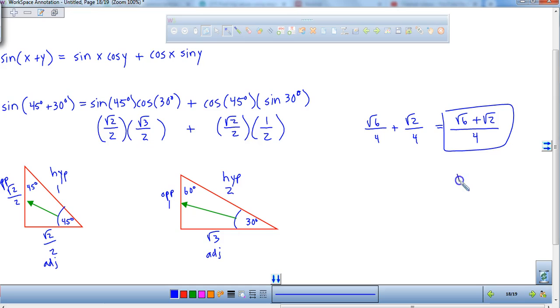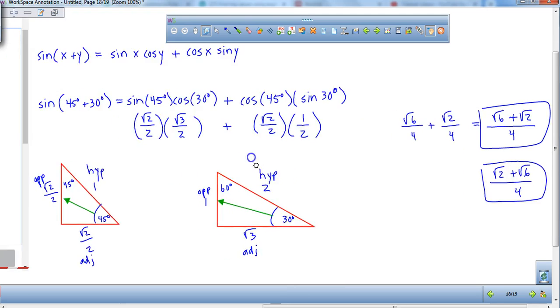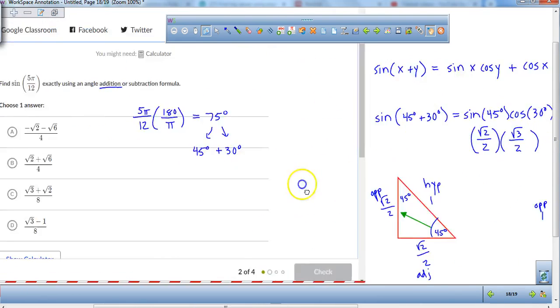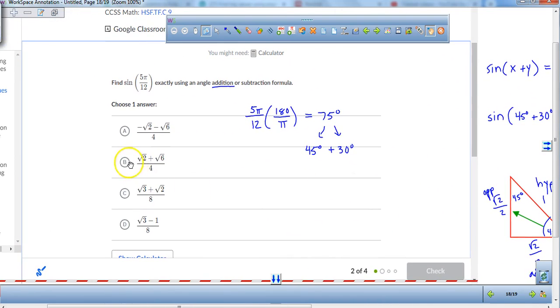I think Khan Academy has it listed as radical 2 plus radical 6 over 4, but these are essentially the same answer. It really doesn't matter which one you lead out with. So I'm going to go over here and select answer choice B.